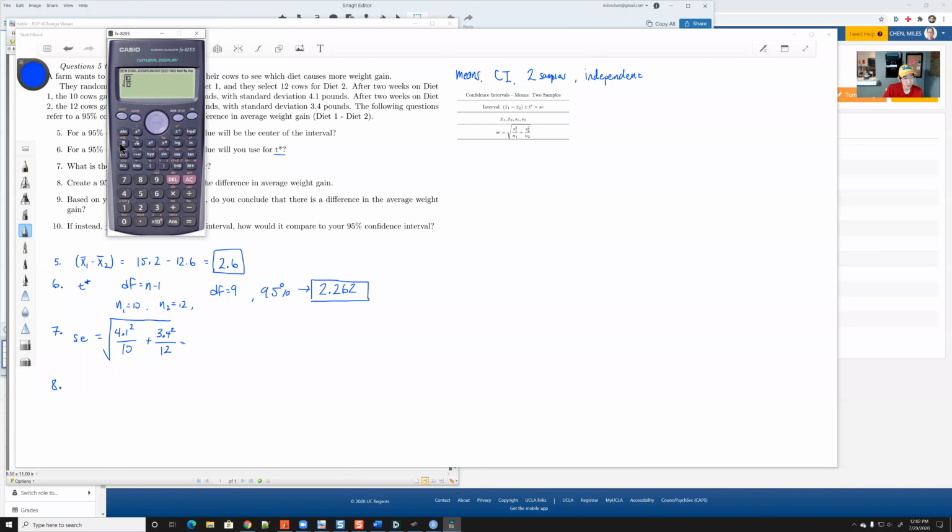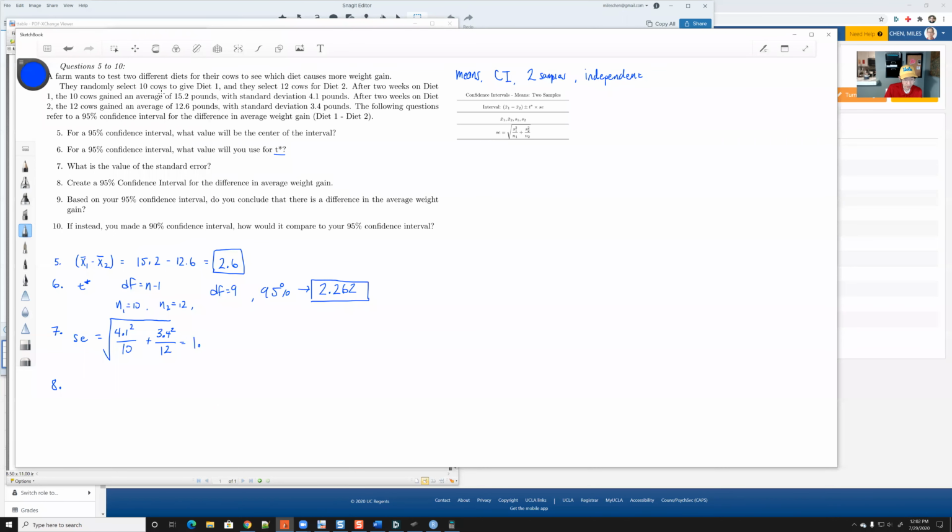On my calculator, I can just do 4.1 squared over 10 plus 4 squared over 12. What's that? 1.626. Okay, and make a 95% confidence interval.